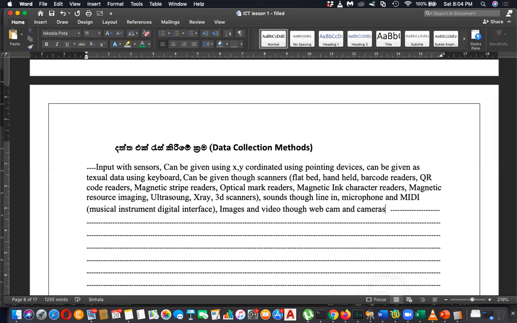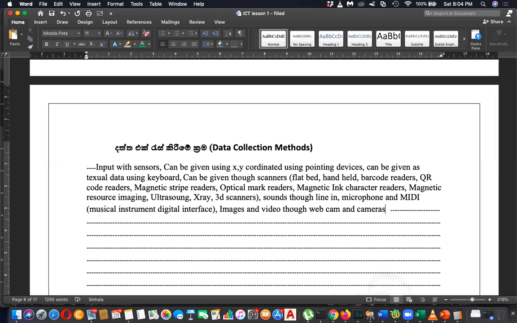Actually, when it comes to data collection methods, we have many. Data collection methods means how data can be collected. Data can be collected through databases, which are an organized way, through monitoring, screening, capturing, and feeding into the system. It can be collected through surveys, through the internet, and so on.